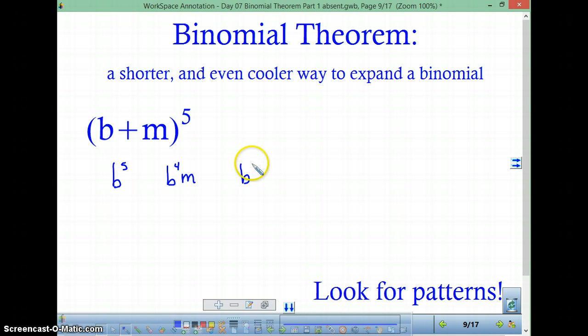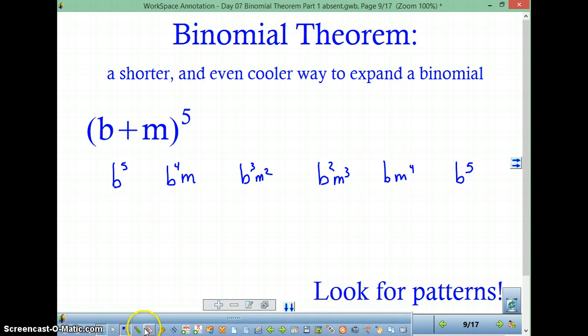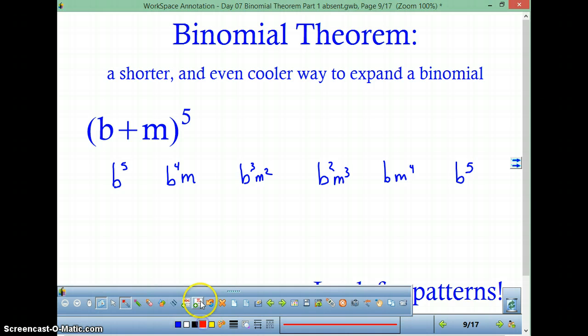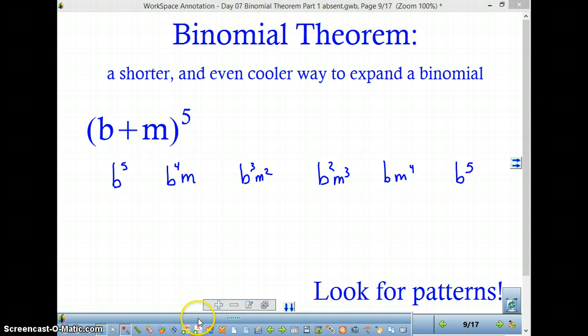I'm going to put the coefficients in without using Pascal's triangle at all. Okay? I'm just following the pattern. B to the 5th, b to the 4th. Now watch what I do with the coefficients. Oh, I'm going to run out of time. So you'll have to go to part 2.